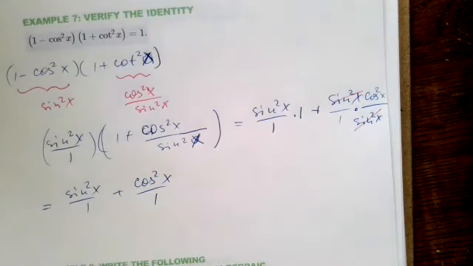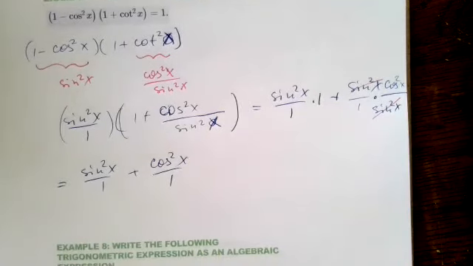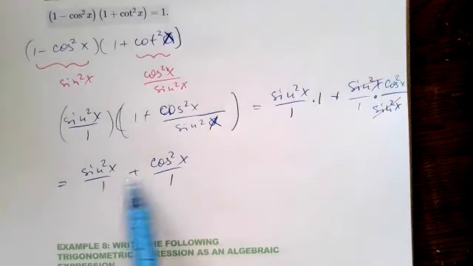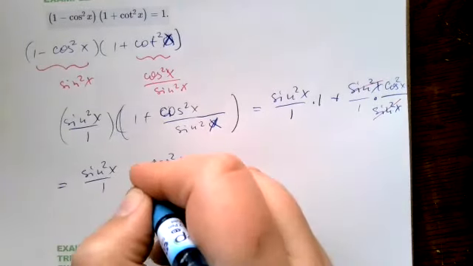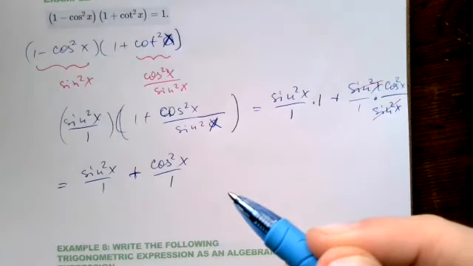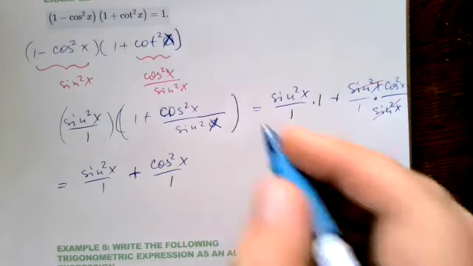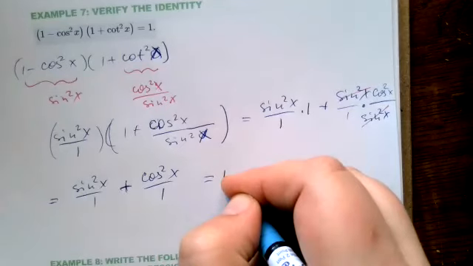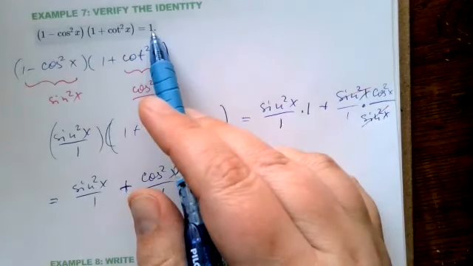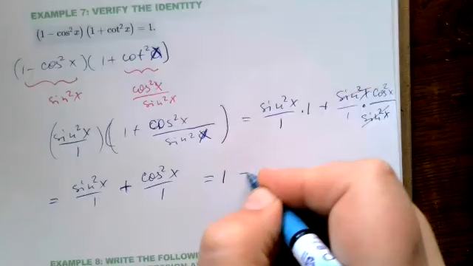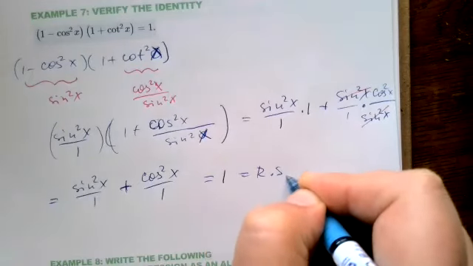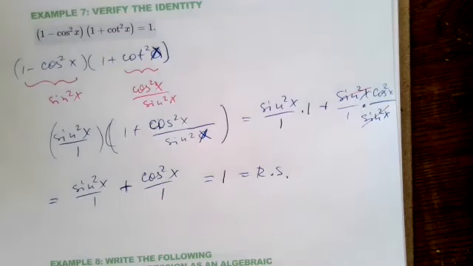Well, you see that that's the same as just sine square x plus cosine square x, which again is a Pythagorean identity. So that just equals 1. And that's my right-hand side. So I am done proving this identity.